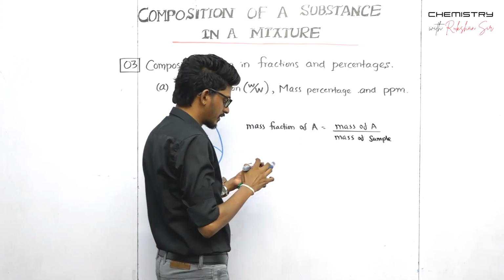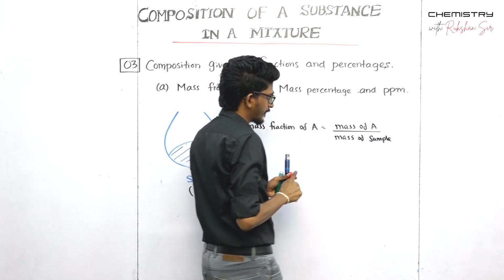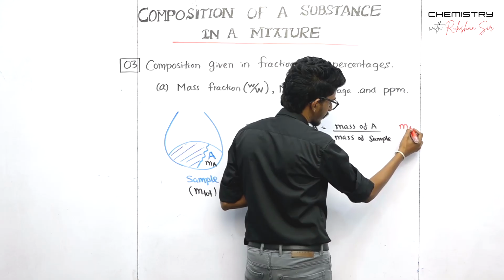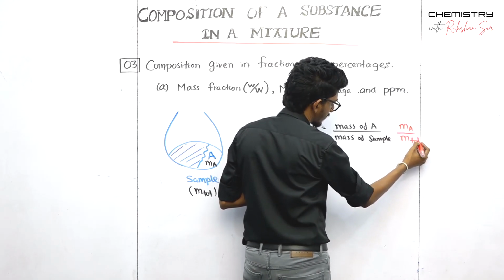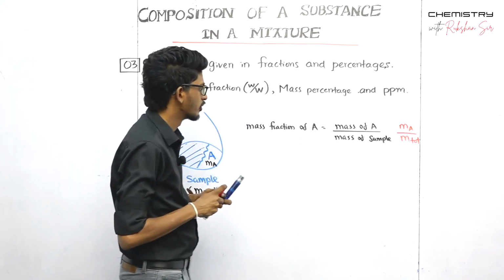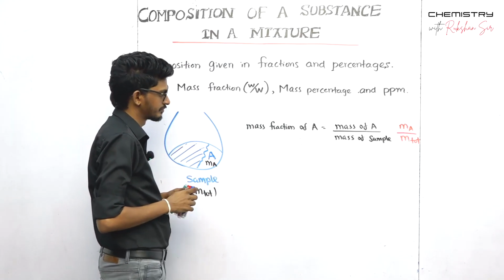We can write it as the mass of A, MA, divided by the total mass, M total. This is the mass fraction.